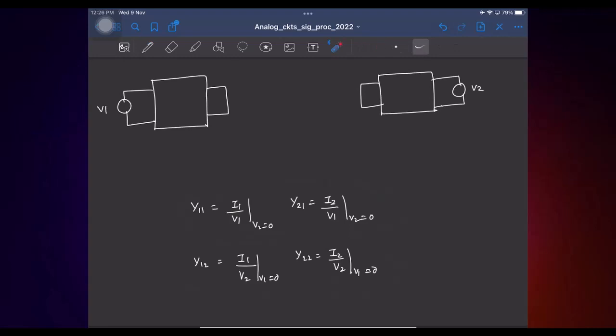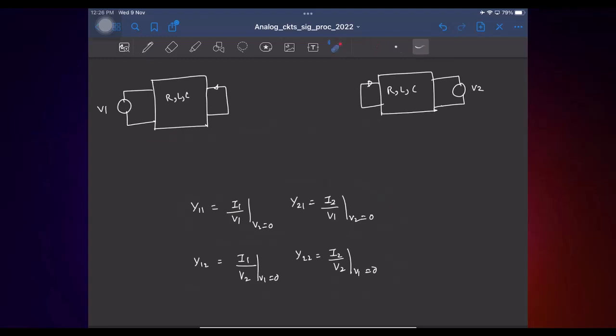So now look at these parameters and the networks here, and tell me if you can find a relation among them under some conditions. Let's say this contains only RLC, linear RLC. I know that if I apply a voltage here and measure a current in this direction, the same transfer function I will get when I apply the voltage here and measure the current in this direction, right?